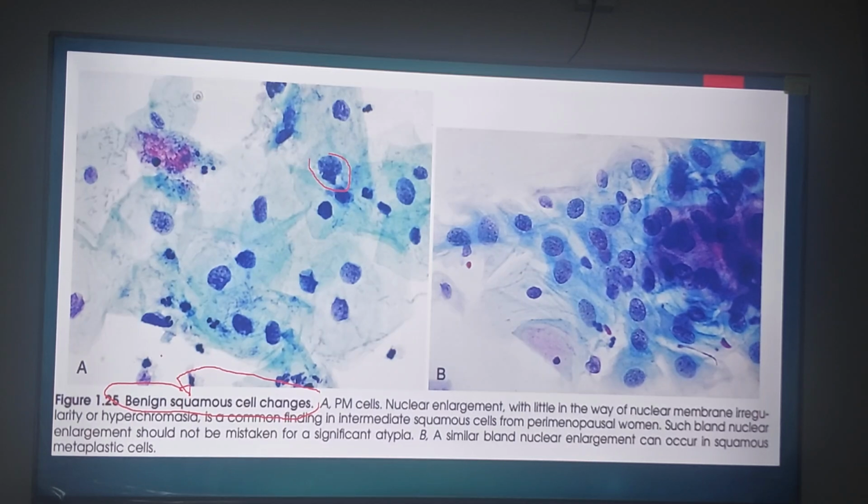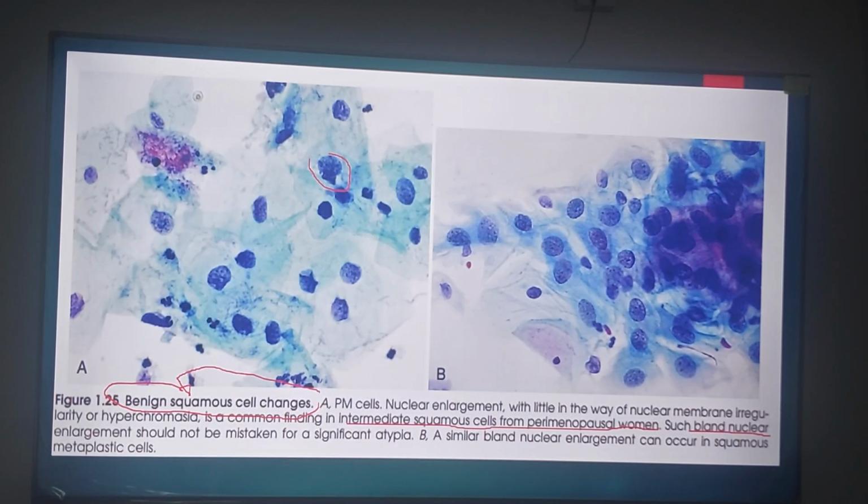The nuclear membrane is irregular. It might be the cause of intermediate squamous cells from perimenopausal women. Such nuclei show blunt nuclear enlargement, which can sometimes be mistaken for significant ASC.